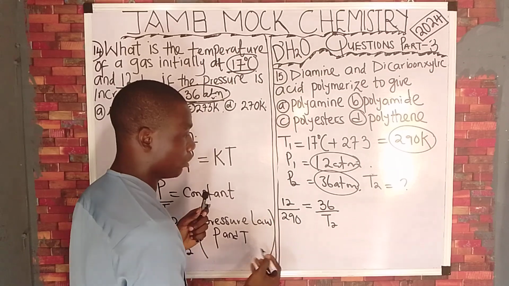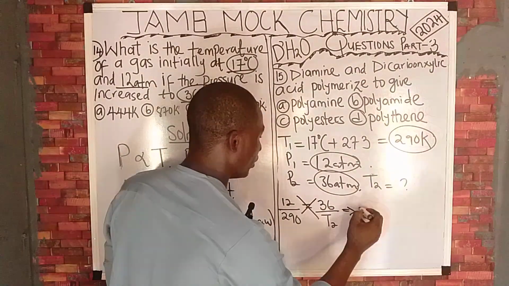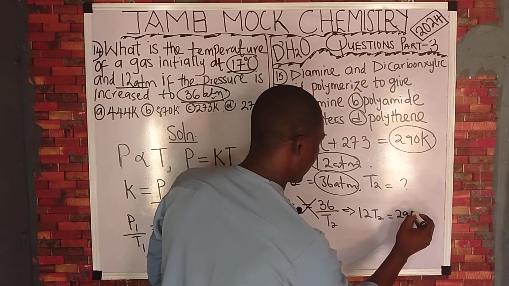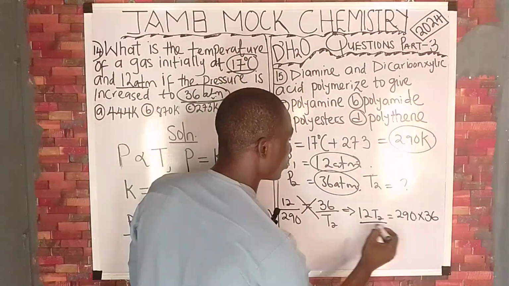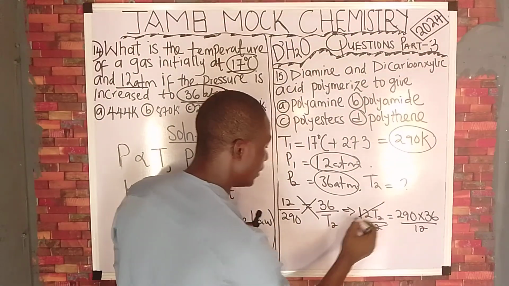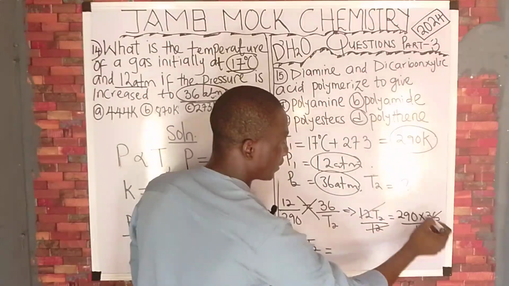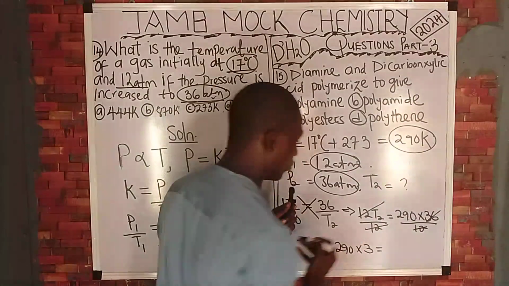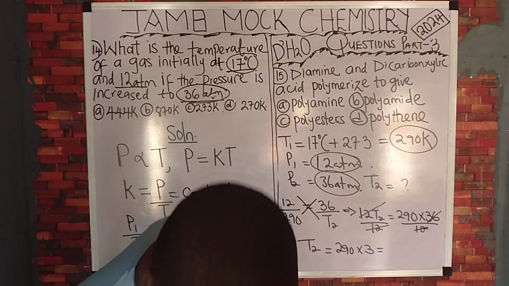So what do we simply do? We cross multiply, so that we get 12 T2 equals 290 times 36. Then we divide both sides by 12, so this cancels this. T2 will give us, since 12 goes into 36 three times, 290 times 3. Let's multiply 290 by 3 to see our answer.